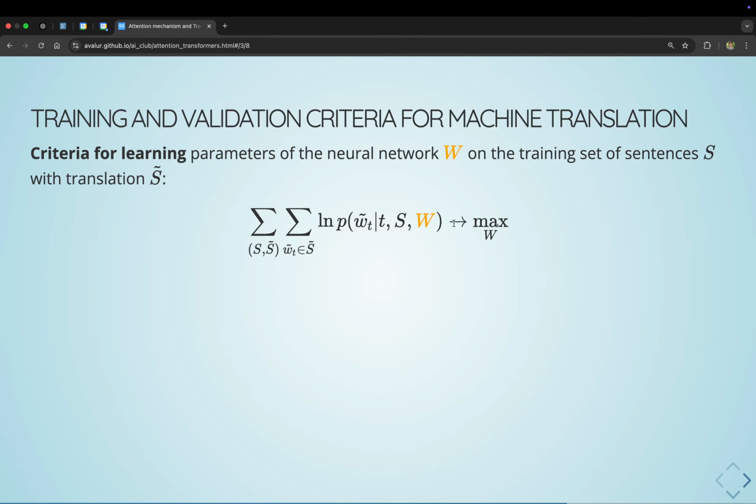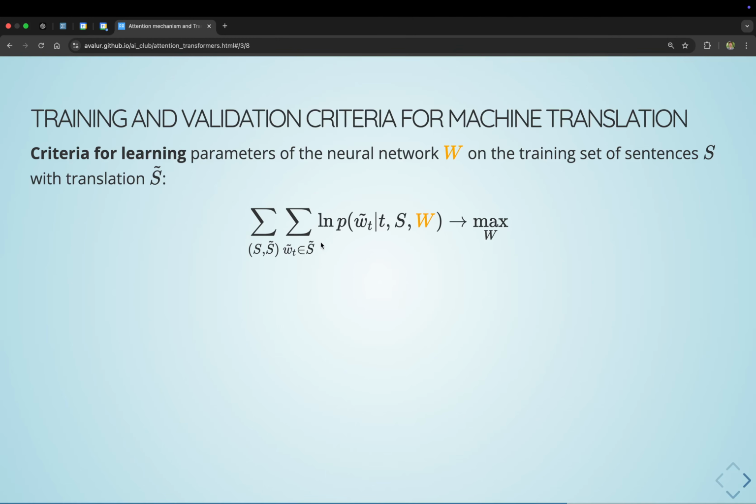Even for the machine translation task, we want to translate a sentence S in the input language into S tilde in the output language, and here the sum goes through all the pairs and all the results inside the resulting sentence S tilde.